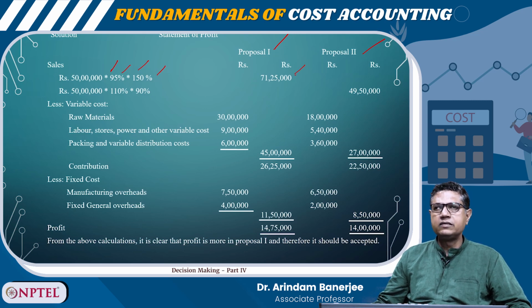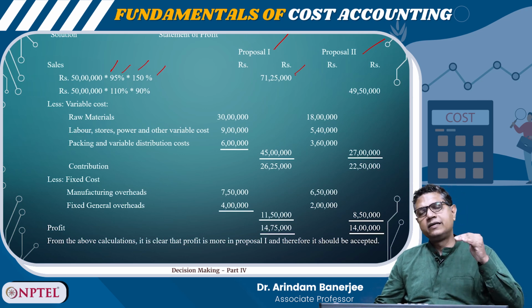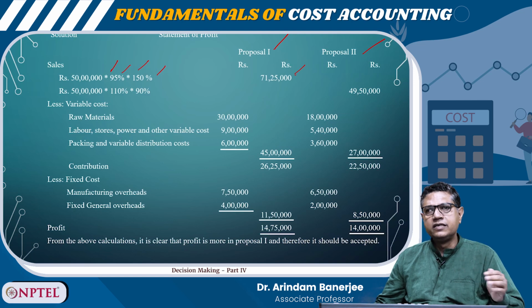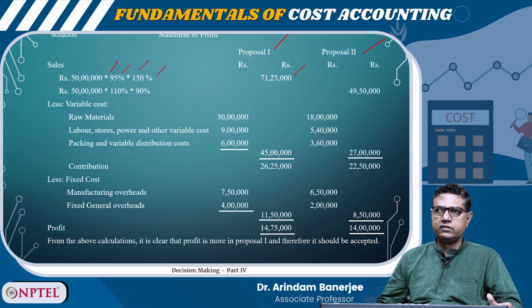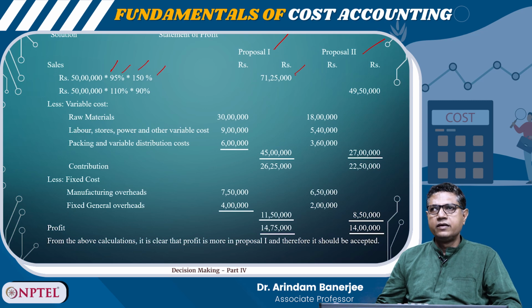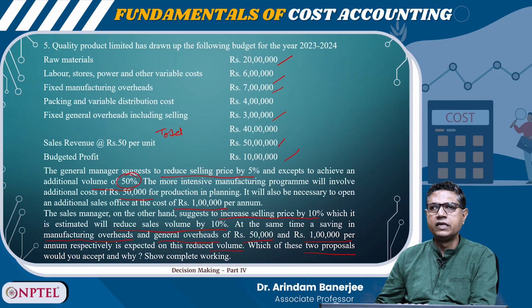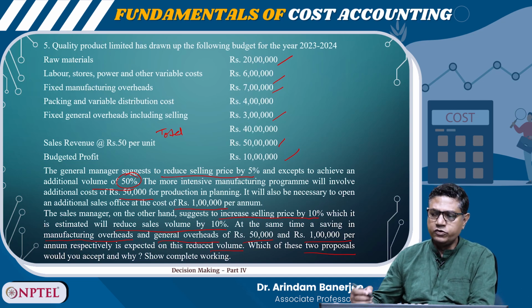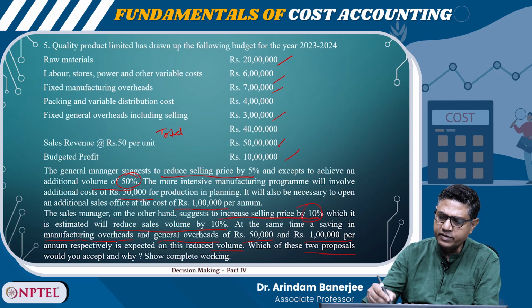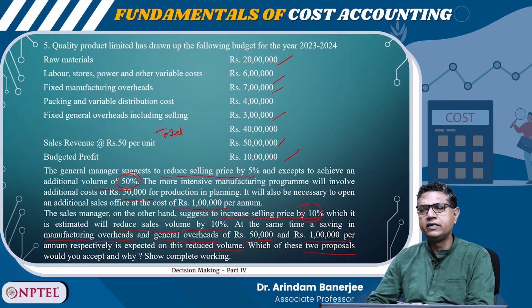In proposal 1, the selling price is getting reduced and resultant sales volume is going to increase by 50%. In the second proposal, the idea is to increase the selling price by 10%. So, it is adopting an aggressive selling pricing strategy which is estimated to reduce the sales volume by 10%.